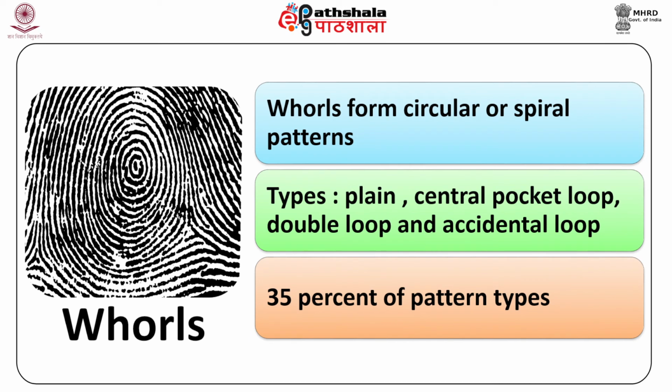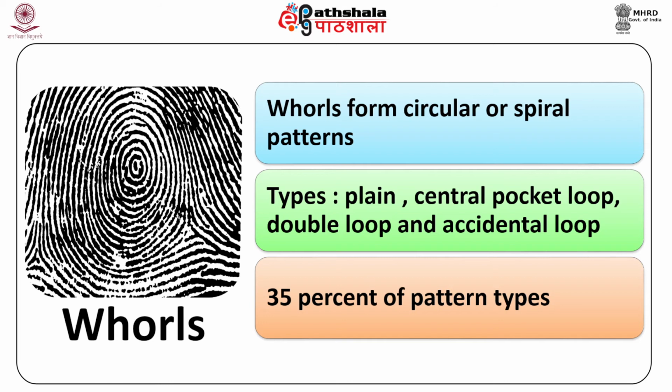Next is whorls. Formed from circular or spiral patterns like tiny whirlpools, there are four groups of whorls: plain, that is concentric circles; central pocket loop, that is a loop with a whorl at the end; double loop, that is two loops that create an S-like pattern; and accidental loop, that is an irregular shape.